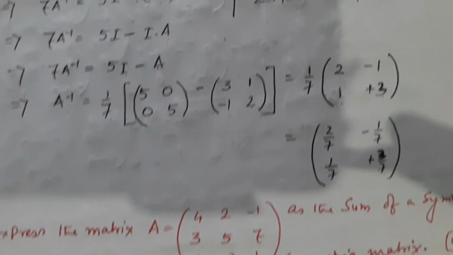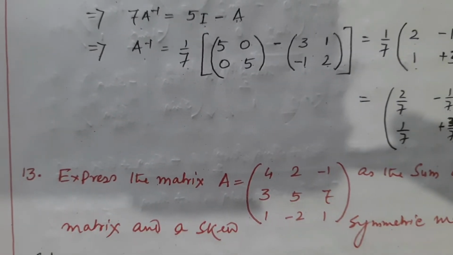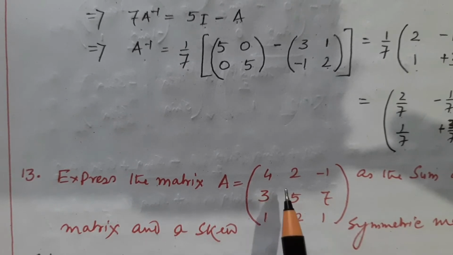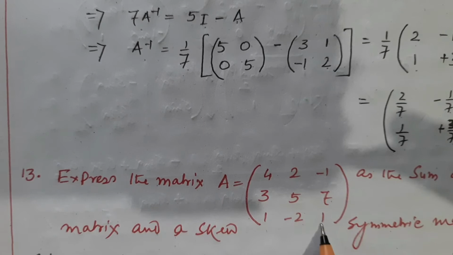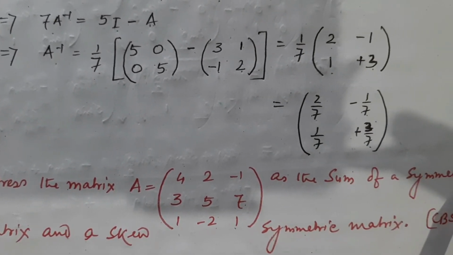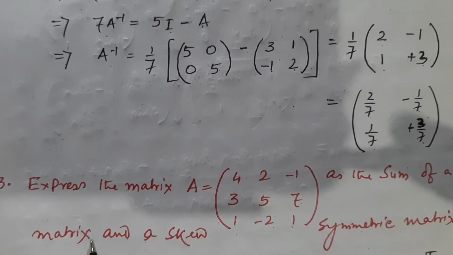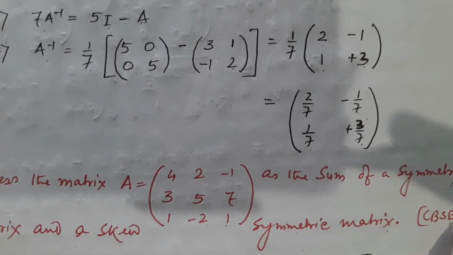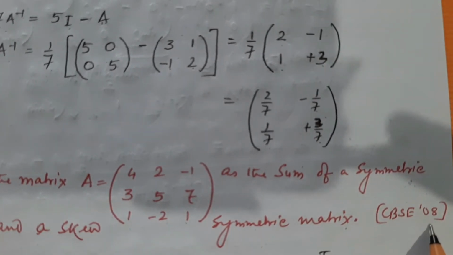Next, question number 13. Express the matrix A equals [4 2 minus 1; 3 5 7; 1 minus 2 1] as the sum of a symmetric matrix and a skew symmetric matrix. CBSE 2008.